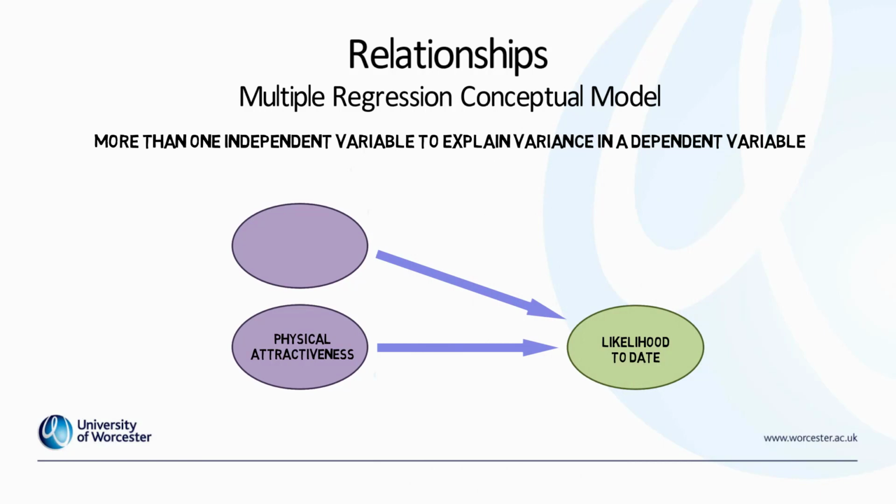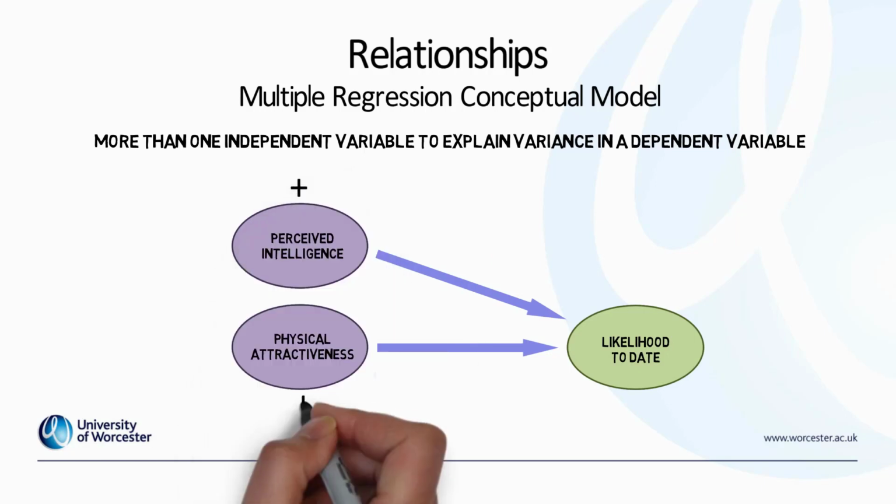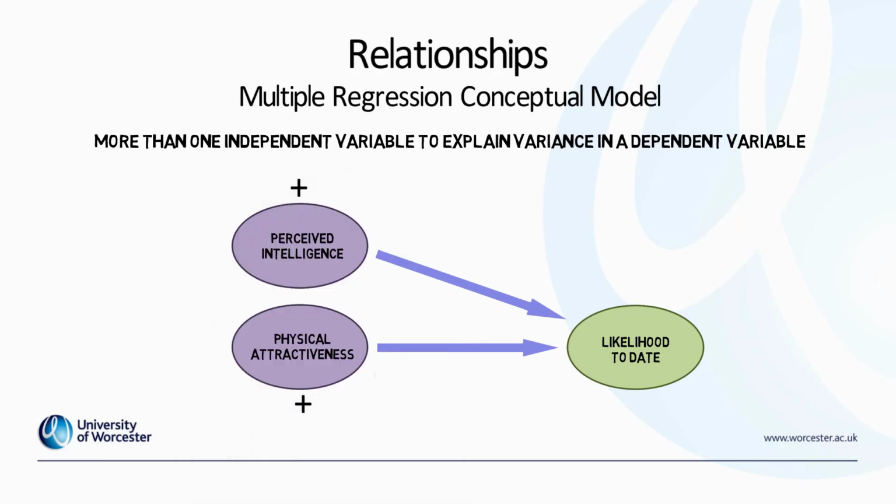So if we add in perceived intelligence and physical attractiveness, we can then, through a multiple regression model, see, first of all, do both of the independent variables, perceived intelligence and physical attractiveness, lead to an increase in likelihood to date? And if they both do lead to an increase in likelihood to date, which one is more important? Which one has the greatest explanatory power and is able to predict an increase in the likelihood to date?